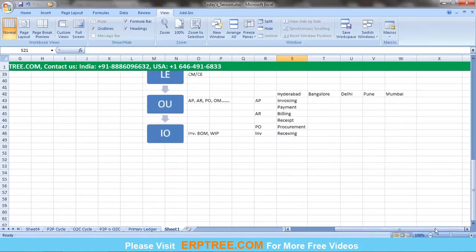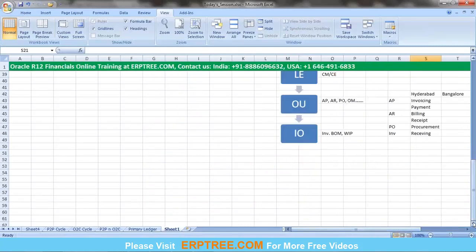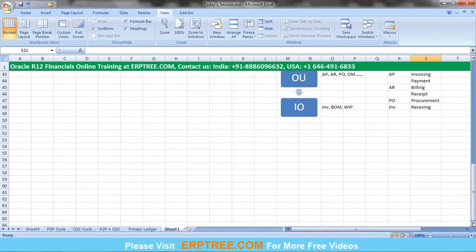So now let's take a simple example. We got the information that as a part of implementation we have to implement a few modules. The applications you can call modules.